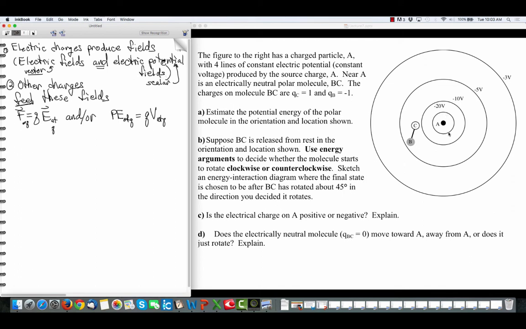It's negative 20 volts everywhere on this line. Negative 10 volts everywhere on this line. Negative 5 volts everywhere on that line. Negative 3 volts everywhere on that line. You can tell that the voltage is going up. It's becoming less negative as you get farther away from that charge. It's symmetric because it's a point charge, so there's circles.